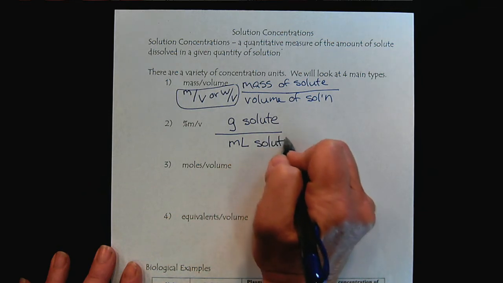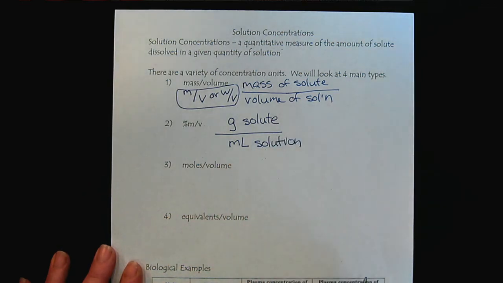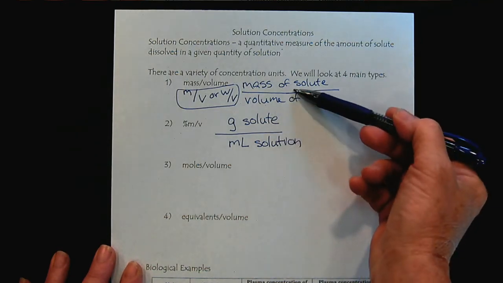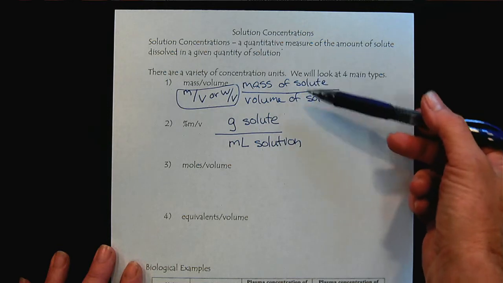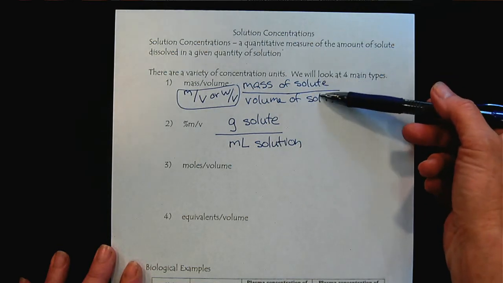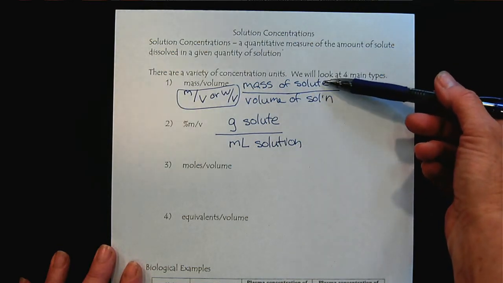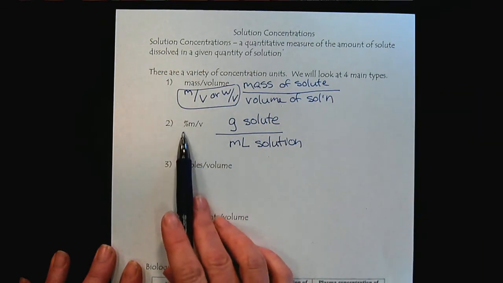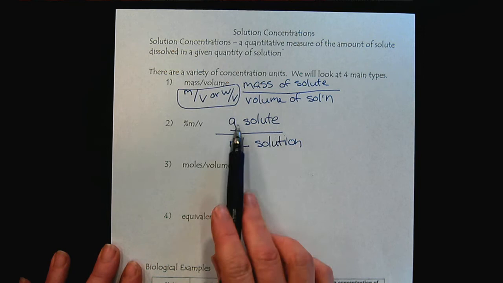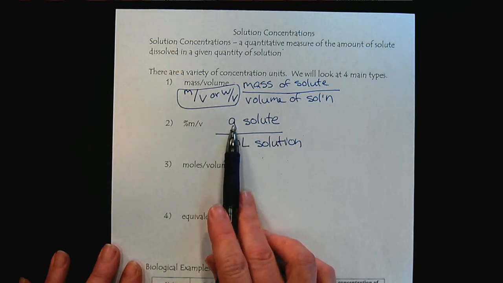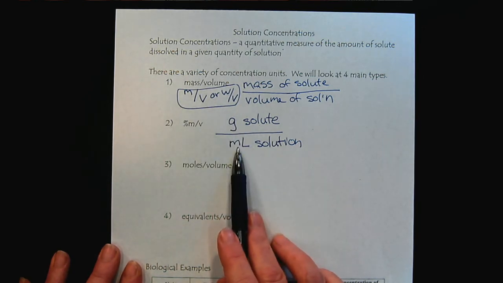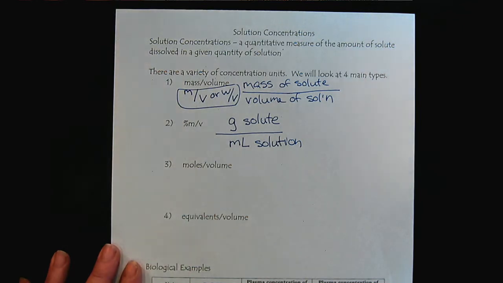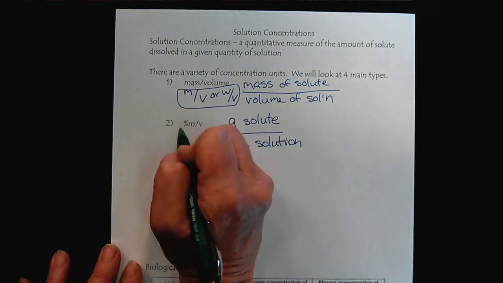So it looks very similar to the one above. But here, with the mass and the volume, there's no rules. This can be any mass unit and any volume unit. But when we see percent mass volume, it's always going to be the solute in grams and the solution in milliliters.